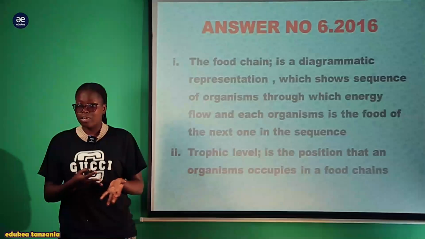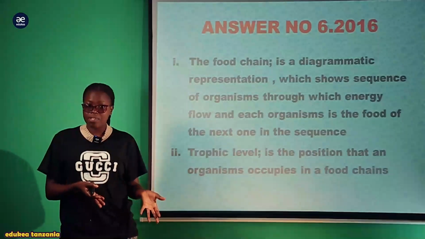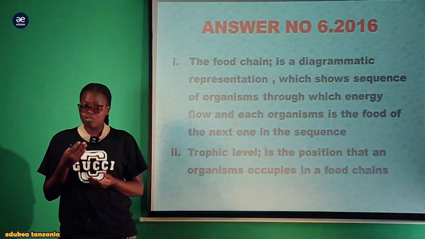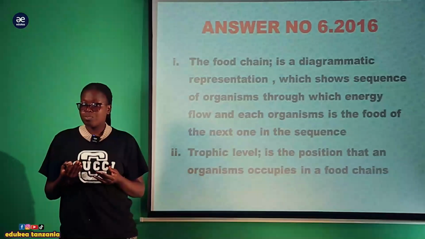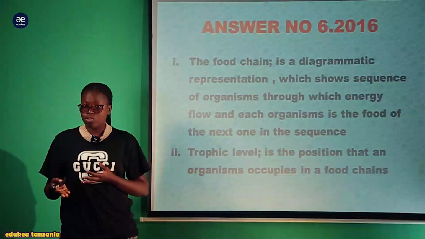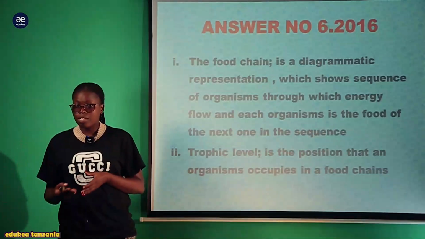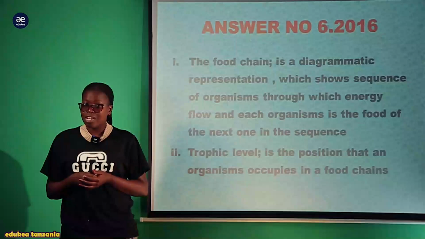Producers are organisms capable of manufacturing their own food. Their representative members are plants and shrubs, the autotrophs. The second trophic level is represented by the herbivores or primary consumers, which feed on plant material. And the third trophic level is the secondary consumers.